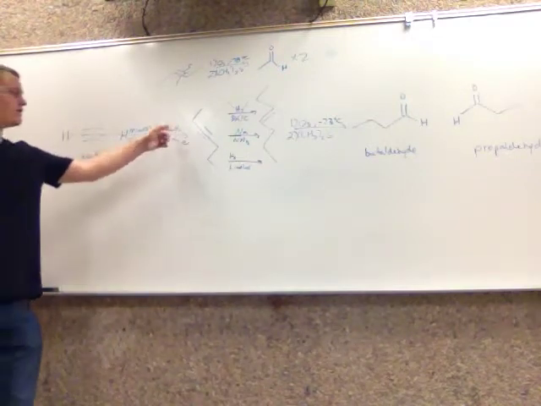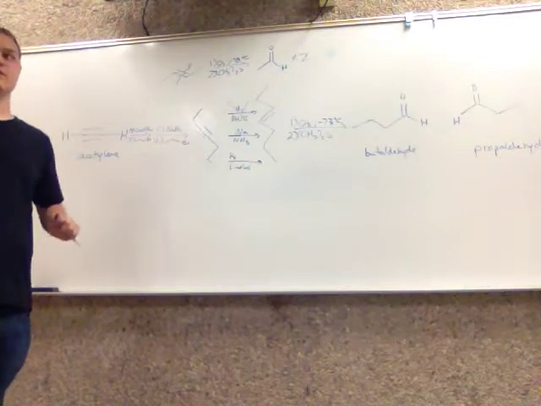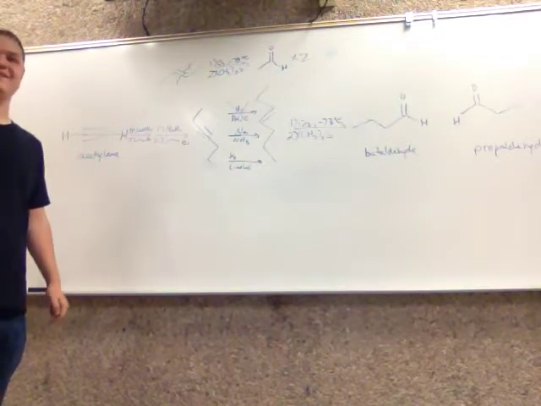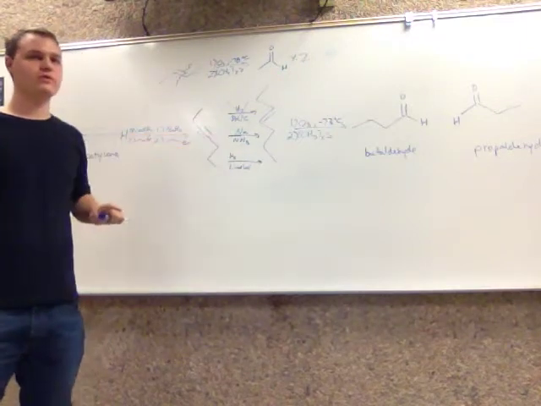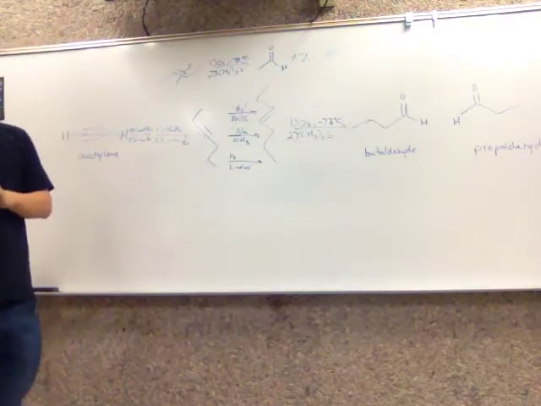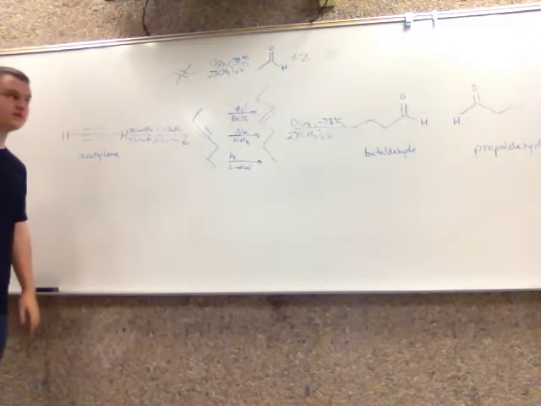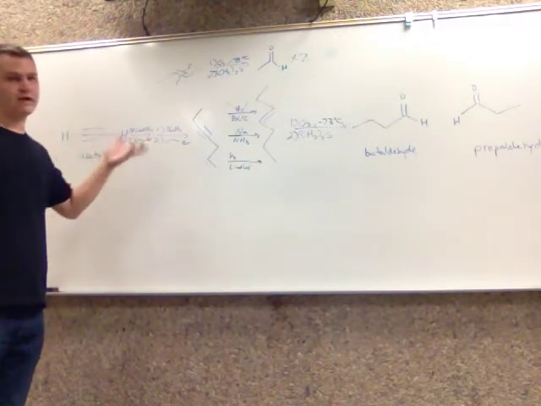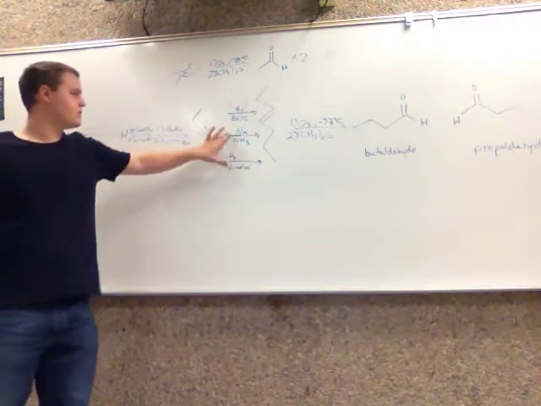I always got that one and that one confused when I was in 301, and that cost me a lot of points on the exam. So don't do that. Yeah, NaNH2 and Na with NH3. So sodium amide versus sodium with ammonia. Because they look really similar, and they're both alkyne reactions. So you could use either of these, not that one.